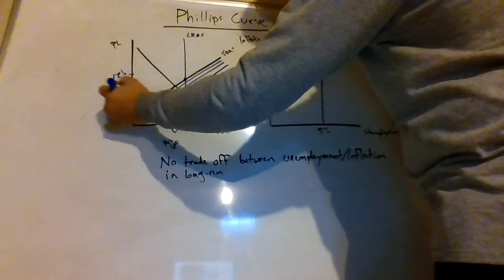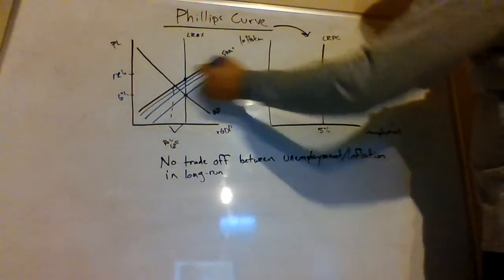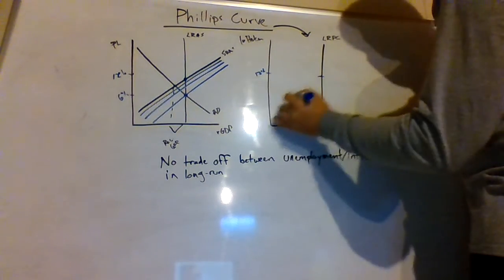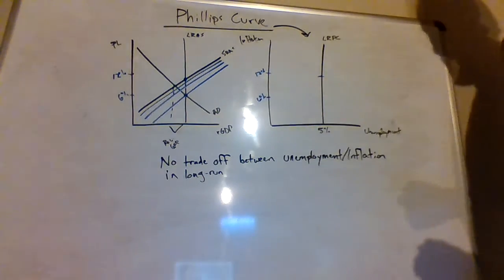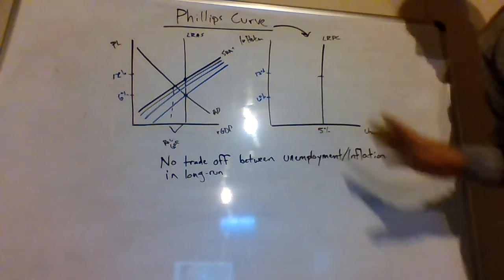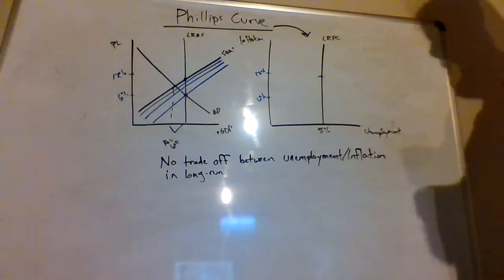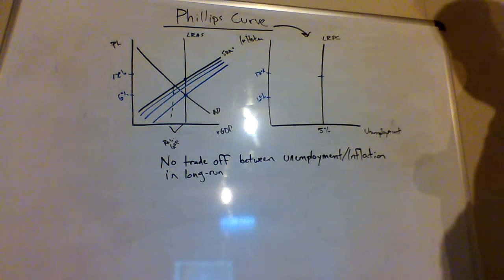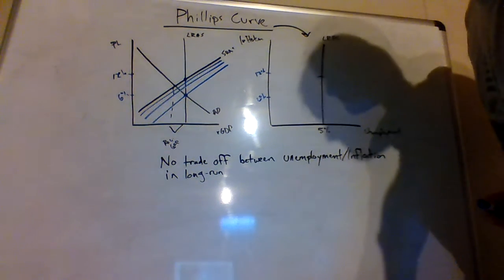Let's label this 6%. Well, look at our graph over here. So if this is 12%, over here, here's 6%. It makes our graph perfect. Long run Phillips curve, just leave it be. It's an easy one to remember. It's easier to remember just to keep it put than the other things. All right, we're going to give you a practice problem here, and then we will cut you loose.